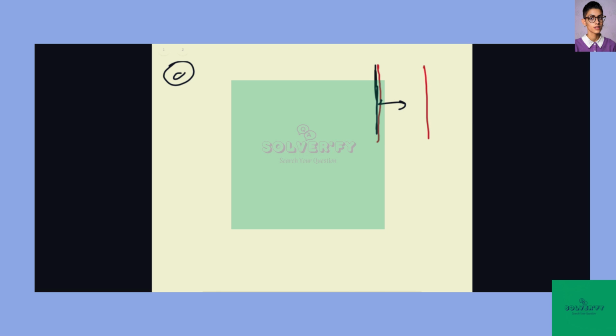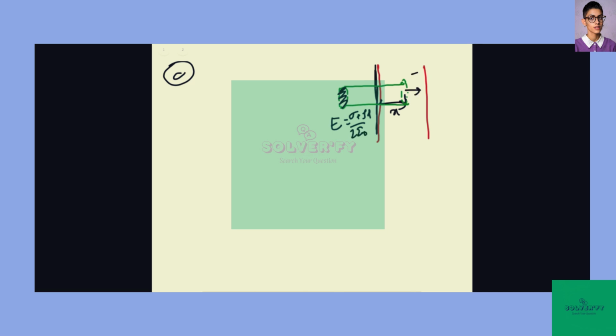Let's say this distance is x and we want to find the field here. So we'll consider a cylindrical surface that ends here. Now we already found the electric field on this surface. We know that the electric field here is sigma plus rho d by 2 epsilon naught.